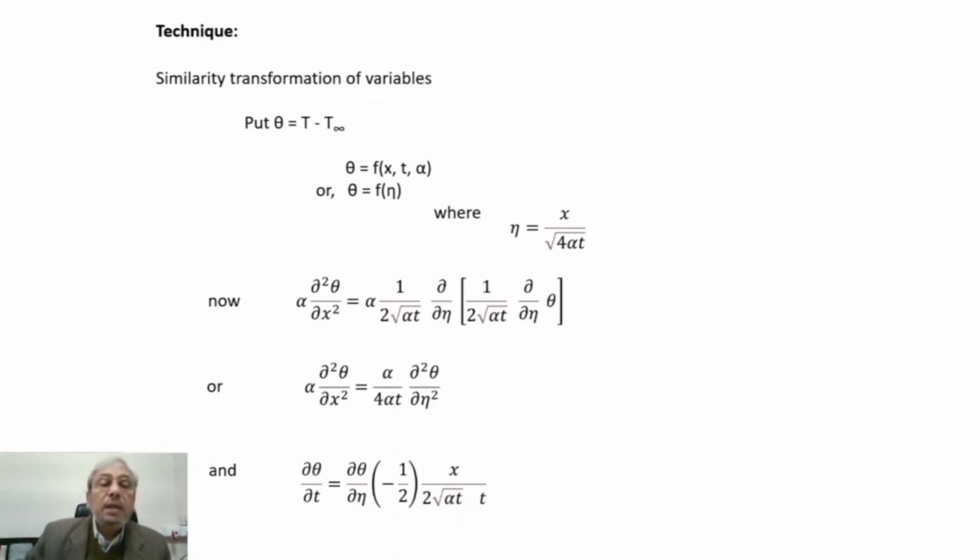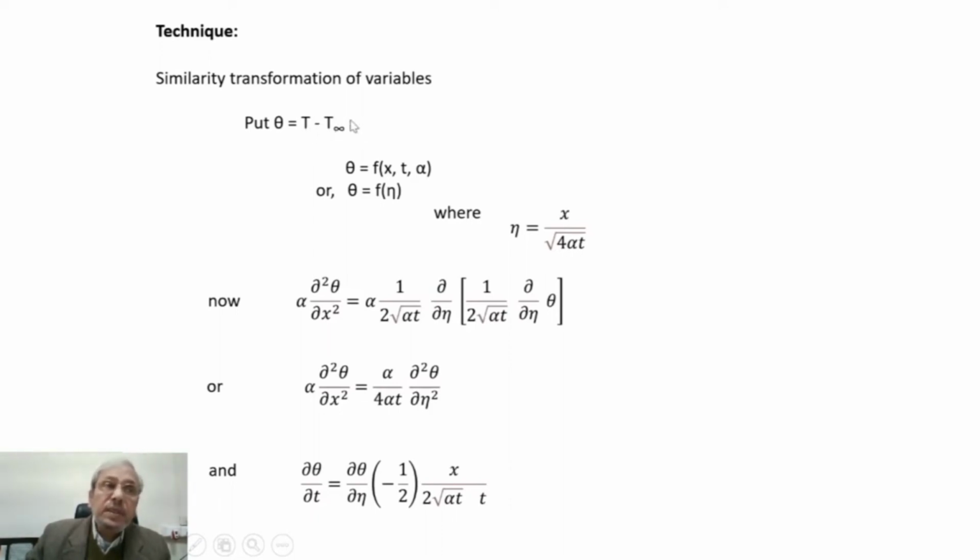Now here we prefer to go for similarity transformation. I will explain what it is. We are saying theta is basically the excess temperature over T infinity. Theta is given by T minus T infinity.